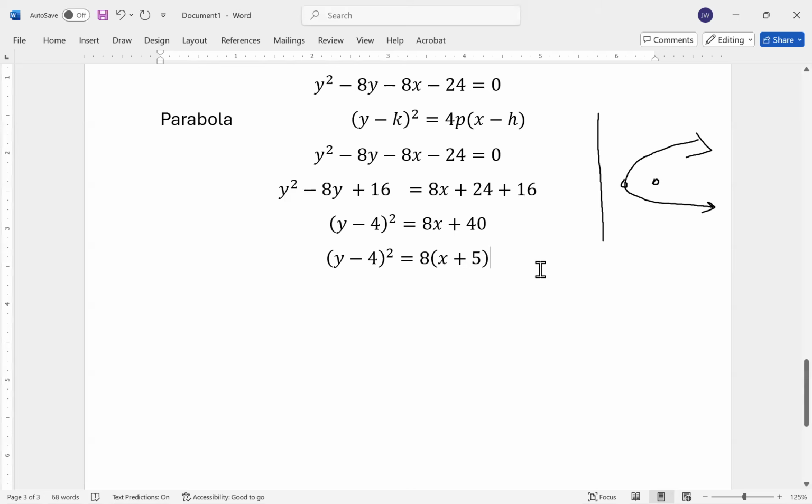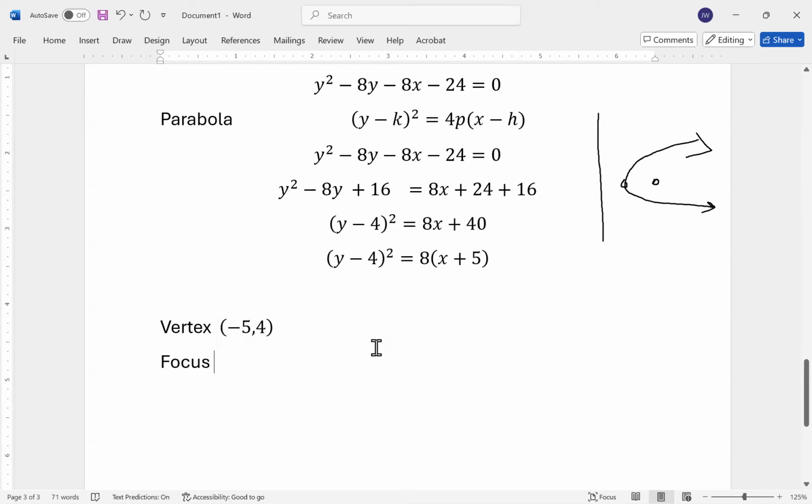So if I wanted to find the features, I would say the vertex of the parabola, now I can read that off, is -5, comma, +4. The focus, well, since 4p is 8, p is 2, I have to move 2 units to the right.